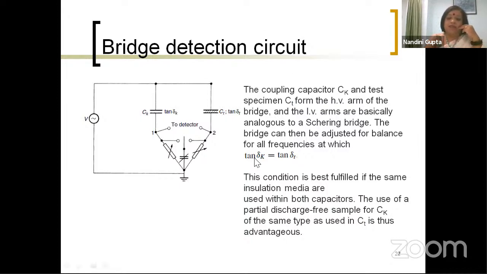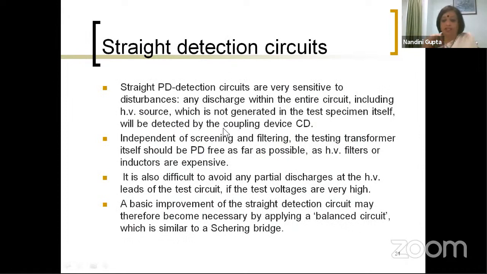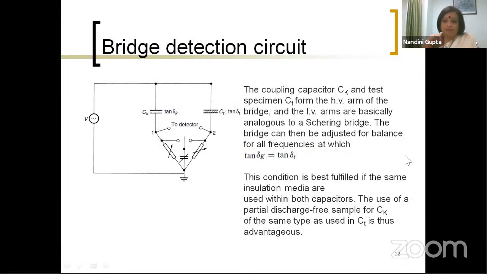Now, of course, if you want to have balance with two capacitances, the best way to fulfill this condition is to have the same dielectric media in both cases. That may not always be possible because the test specimen may change, but you can try and do that. And of course, the coupling capacitor, as I already mentioned, has to be discharge free. Otherwise, what are you measuring?